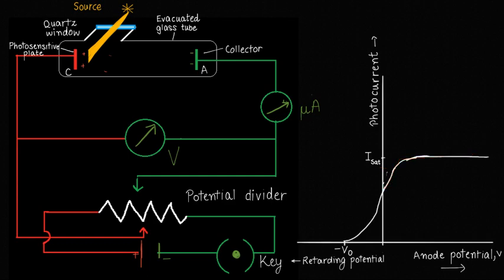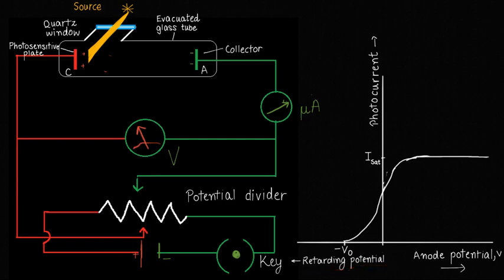Now, what happens if you start reducing the potential? The negative terminal becomes positive and the positive terminal becomes negative. So we are applying a negative voltage, or a retarding potential.